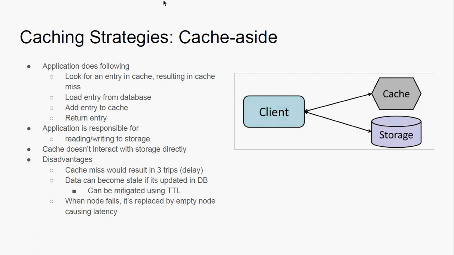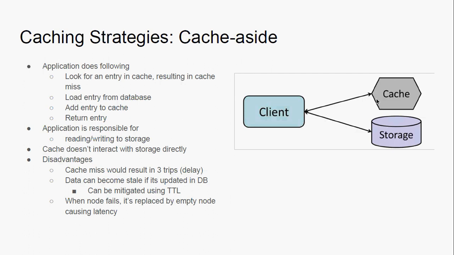One of the first strategies of having a cache is termed cache aside. As the name itself says, you keep the cache aside, not in between your client and your storage like a database. So when you have the cache aside, whoever is calling, basically the client, will first look into the cache, and if it doesn't find an entry, then it queries the data from storage or database and puts that entry in cache, then returns that entry.